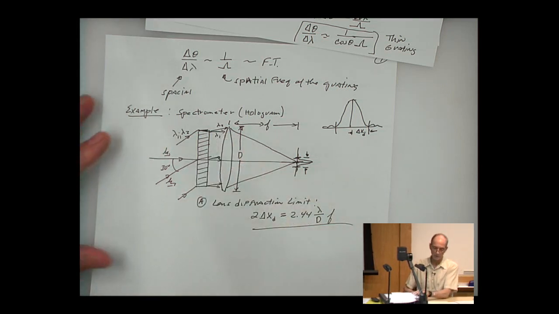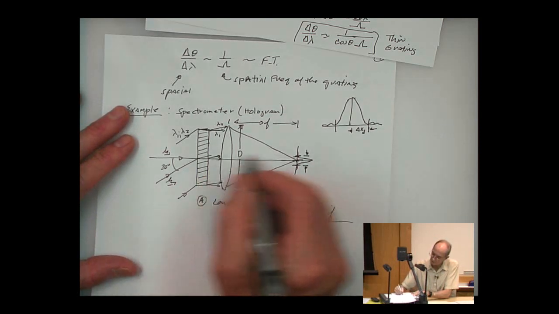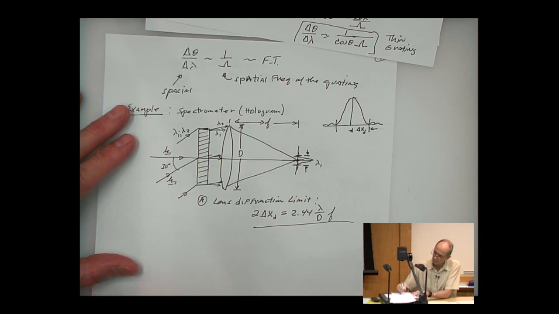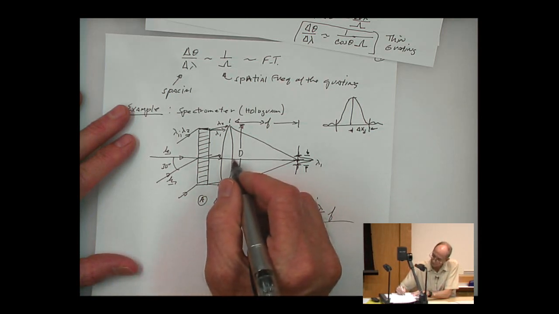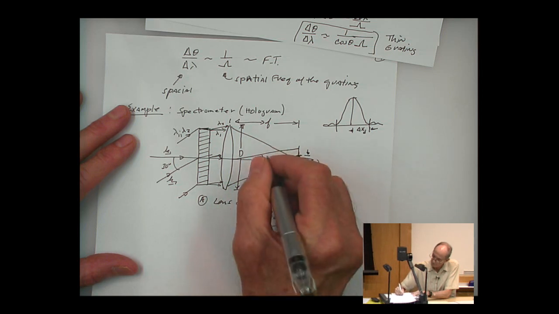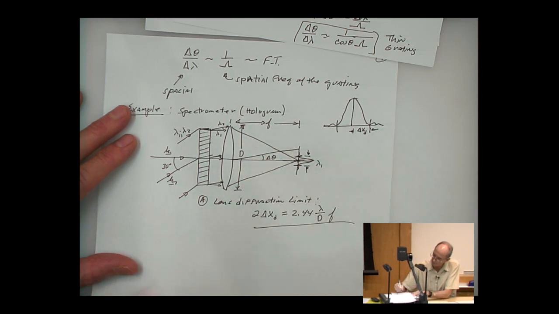So this is, say, for lambda 1, the center of that diffraction spot. Lambda 2 is going to be off here, and this is going to be off at delta theta.